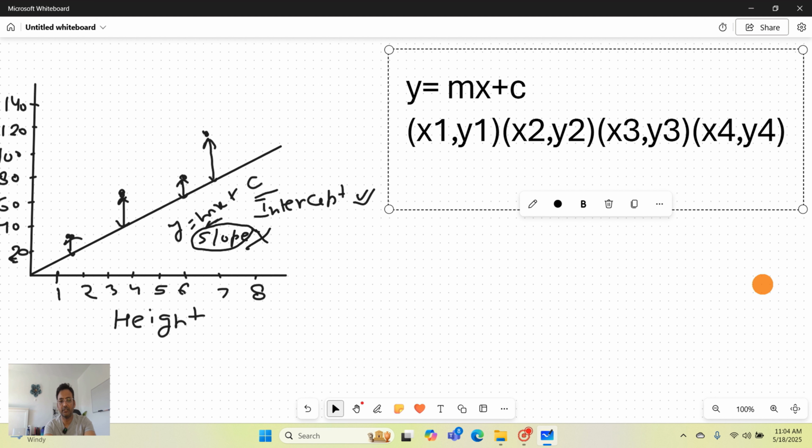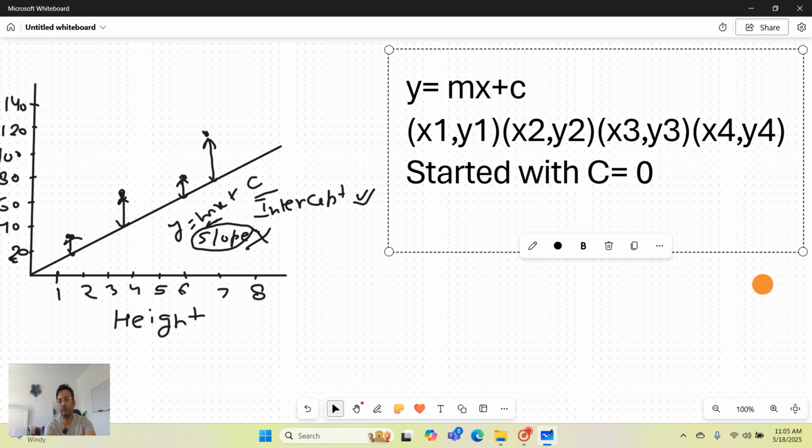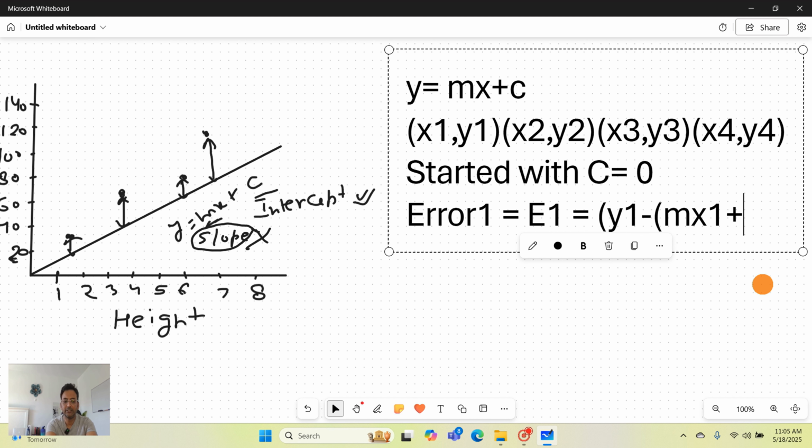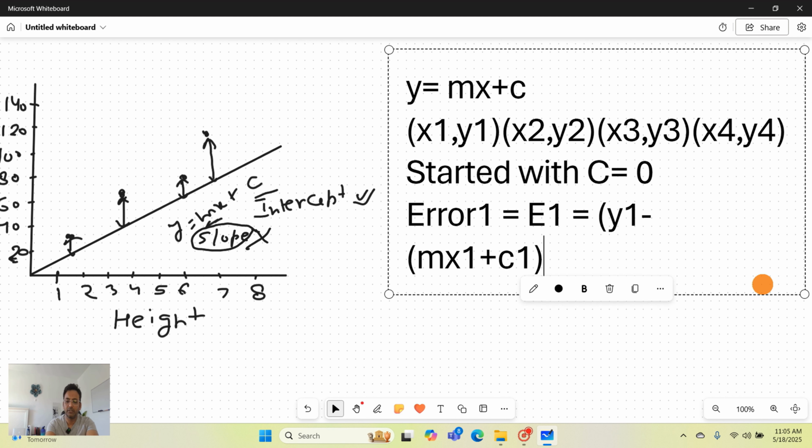We started with c equal to 0, which is like from the origin. So what we see here is error 1 with the first data point. Let's call it E1. E1 is equal to y1, the observed value, minus (m x1 + c1). This is our first error.